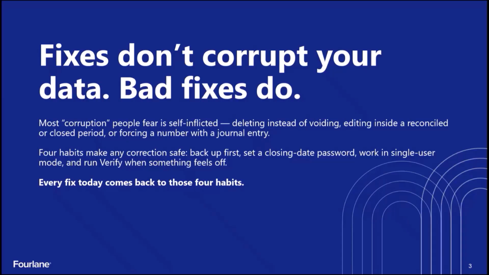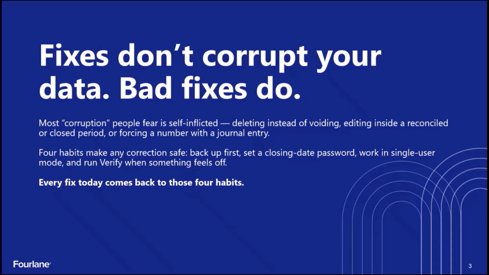Now, the good news is that there are 4 simple habits that make almost any correction safe. Firstly, back up your file before you make any changes. That way, you always have a clean copy to roll back to. Second, set a closing date password so the past can't be edited by accident.